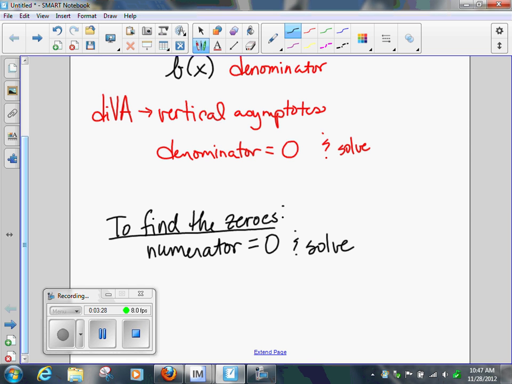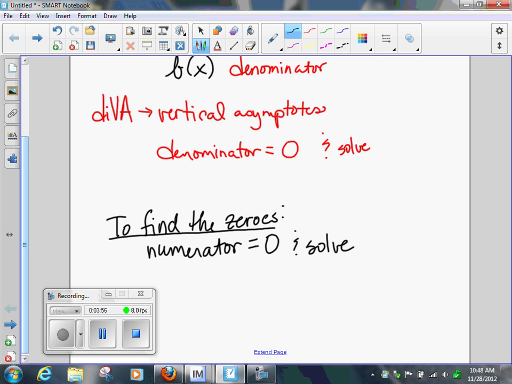Now, again, let's face it, how are we going to find the zeros? Let's get real. You're going to use your calculator. So do I. Second calc 0, left bound, right bound guess, and we find it, okay? You need to be able to do that. But just know that you can find the zeros by setting the numerator equal to 0 and solving, okay?